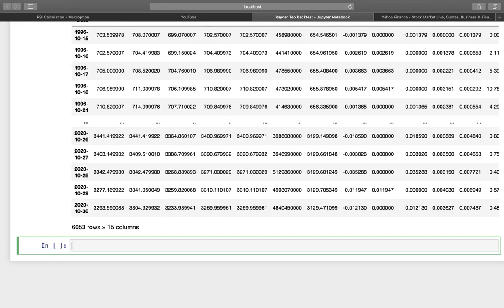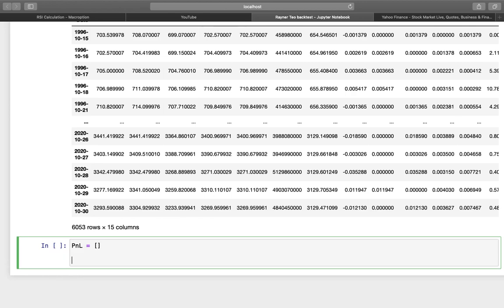To calculate the profits and losses of those buys and subsequent sells, I'm using a loop. First, we are creating an empty list where we will append our profits or losses. So let's just call that P&L for profits and losses and define that as an empty list. Then we are looping through this whole data frame with for i in range, and we are just taking the length of this data frame.